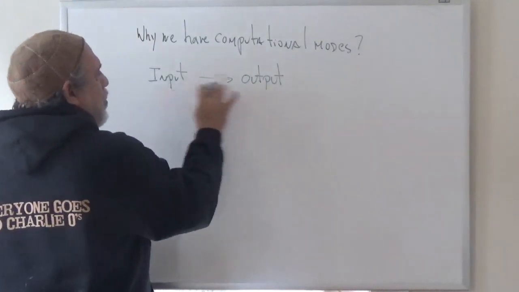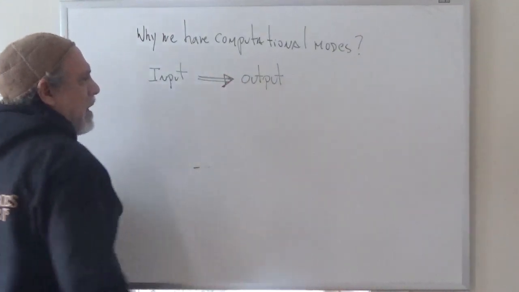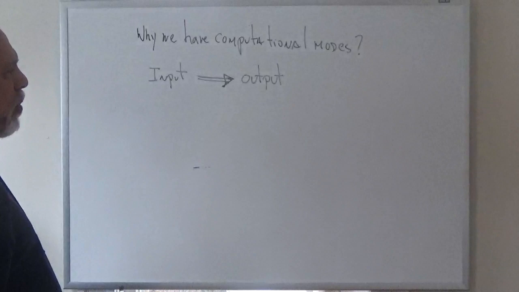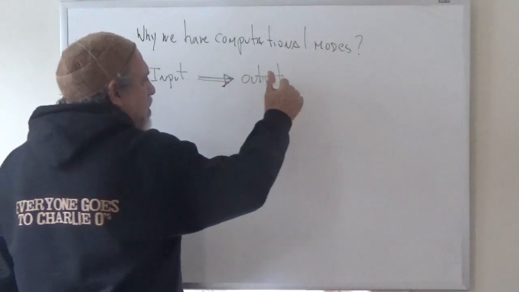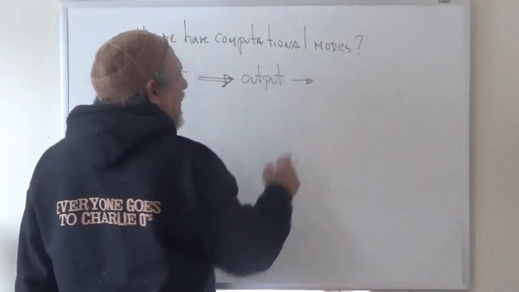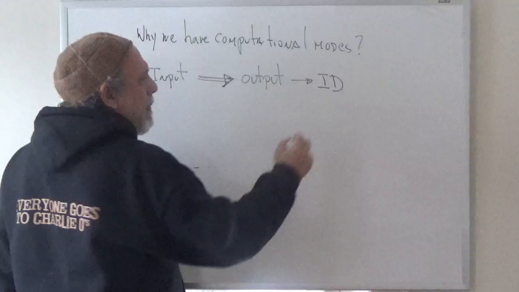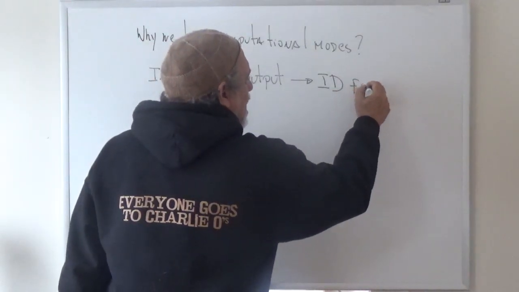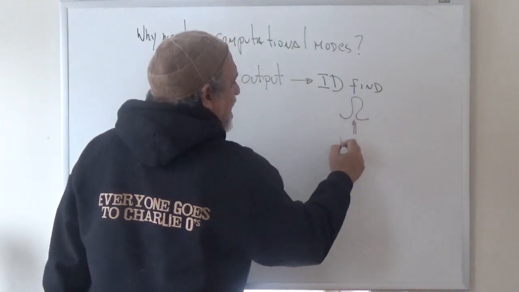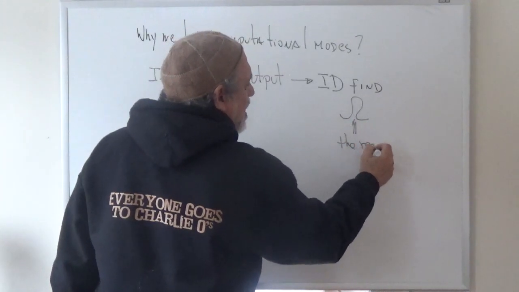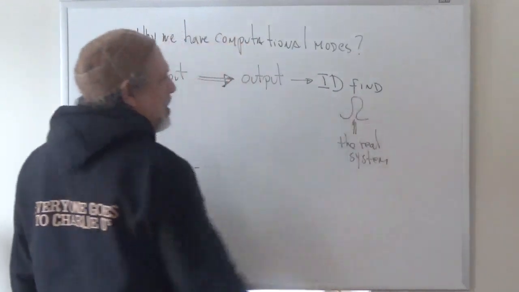And if this output was the result of that input, I'm treating the simple case of input-output. If we had an input, and that input gives me this output, I can do ID, right, and find omega, which is the real system, with frequencies, whatever.